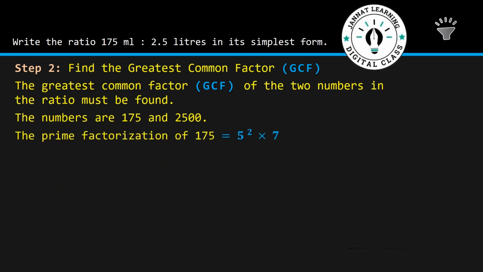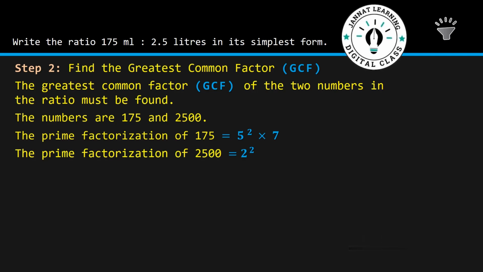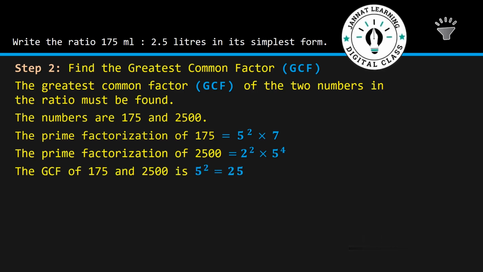The prime factorization of 175 is equal to 5 squared multiplied by 7. The prime factorization of 2,500 equals 2 squared multiplied by 5 to the power 4. The GCF of 175 and 2,500 is 5 squared, which is 25.